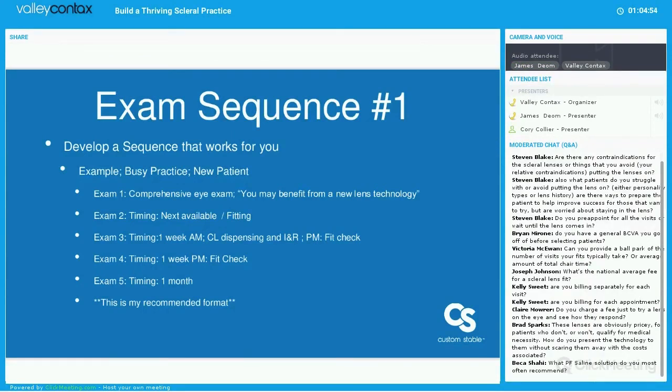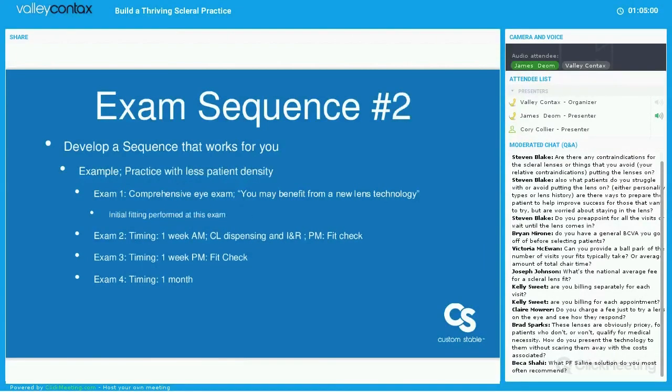I shadow called some of them, and they were priced anywhere between $500 and $1,200 per lens. Again, that's not my pricing. I'm not telling you where to put your prices, but that was just some independent research that I did in New Jersey and Pennsylvania. You asked if we're billing separately for each visit. The answer to that is yes, and I will go into that in more detail next time.